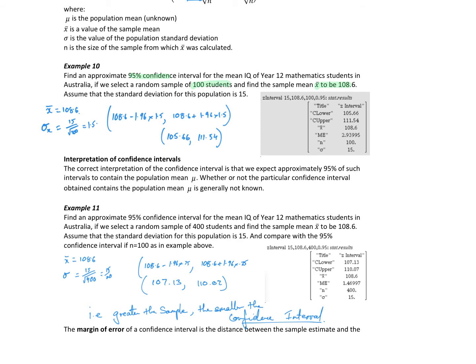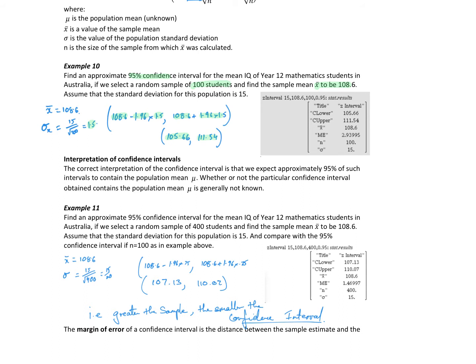So the sample mean was 108.6, minus 1.96 times sigma on root n, which is 15 over root 100, which is 1.5, to 108.6 plus 1.96 times 1.5, gives me a value of 105.66 to 111.34.